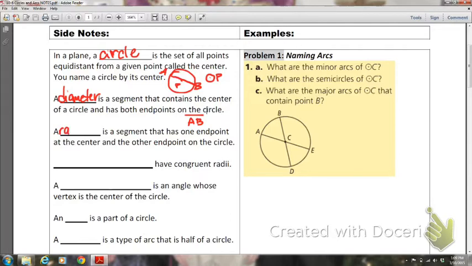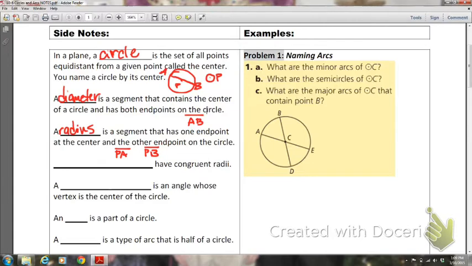Now a radius has one endpoint at the center and the other endpoint on the circle. So in this particular circle, PA would be a radius and PB is also a radius. The other relationship between a diameter and a radius is that the diameter is twice the radius, or the radius is half of the diameter.